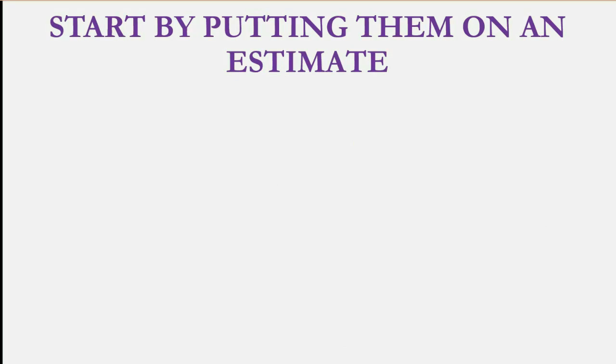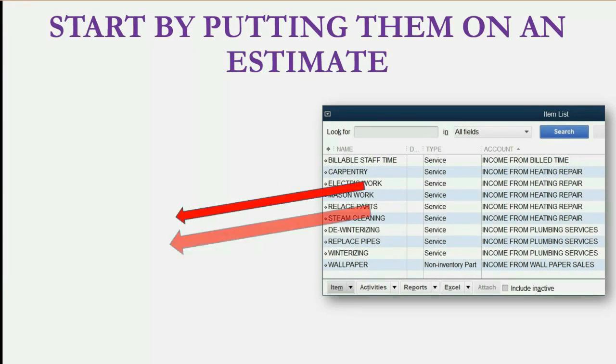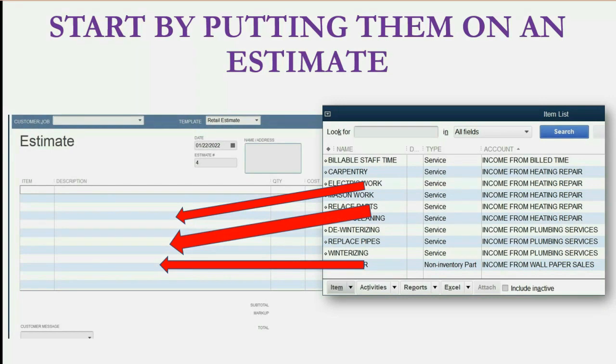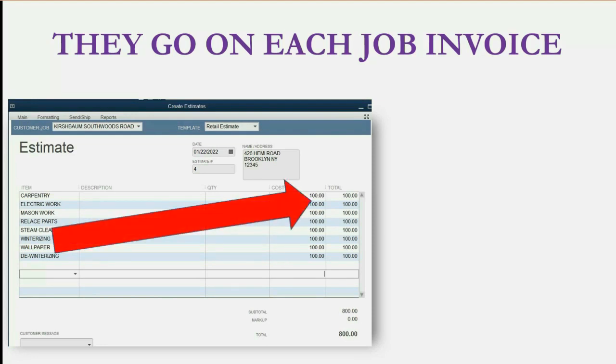Now, how does the flow of information work? Well, you start by putting these items on an estimate, because the estimate reflects the entire contract. And when you put the items on the estimate, it's at the beginning of the contract, so 100% of the amount you expect to bill for the entire contract is what gets listed on the original estimate.